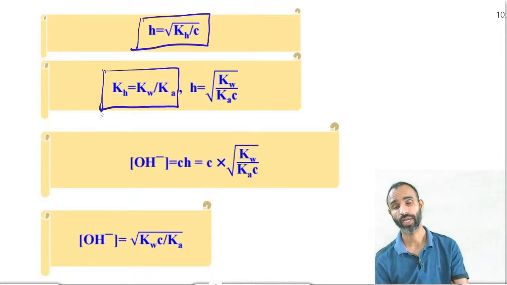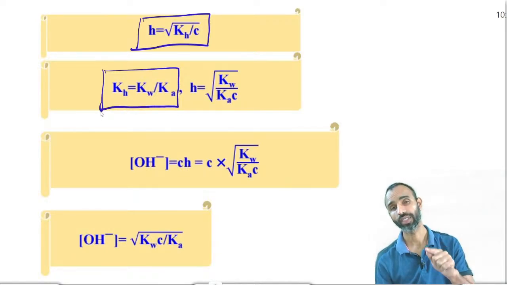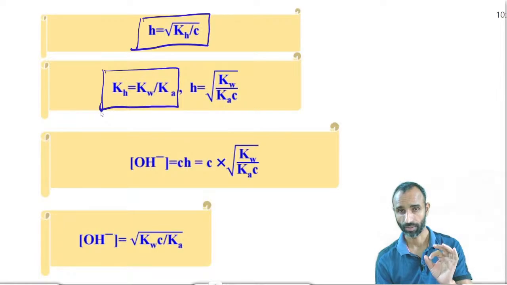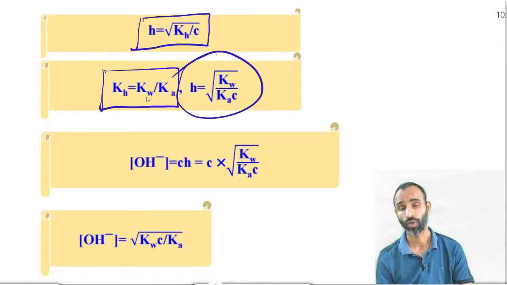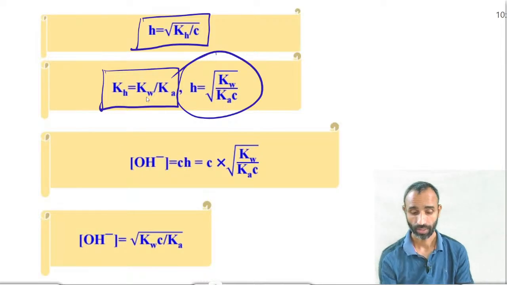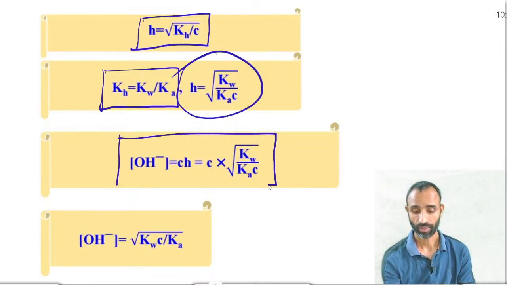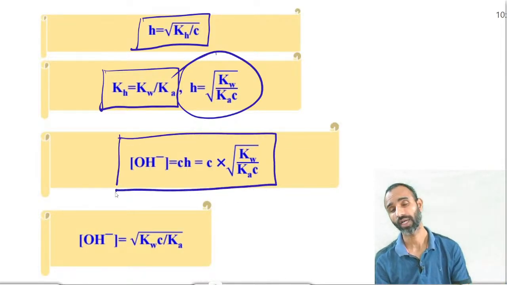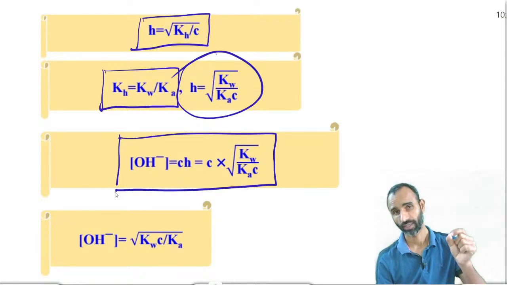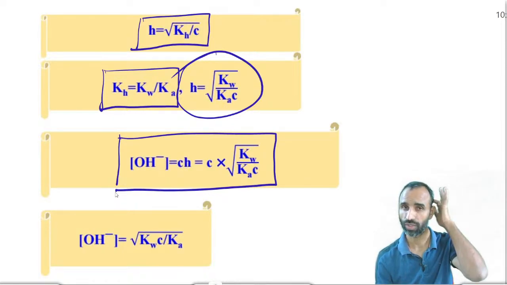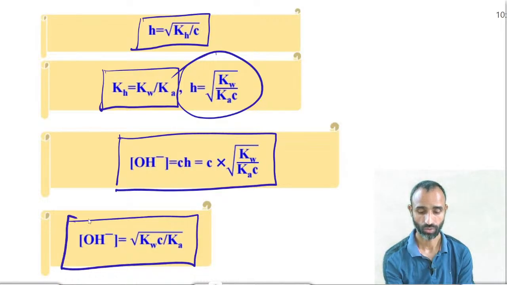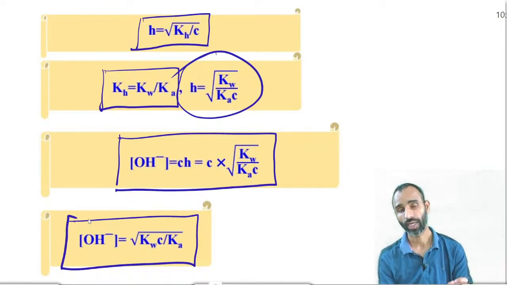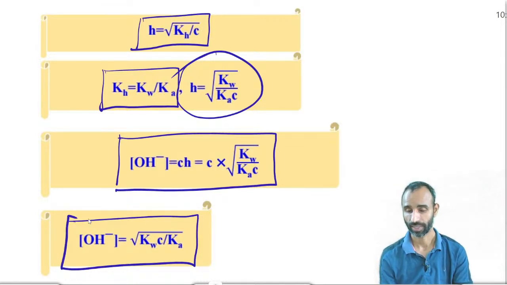Instead of Kw upon Kb, now it is Kw upon Ka. So h is square root of Kw upon Ka into C. Now in the other case it was H+ ion equal to Ch. Here it is OH- ion equal to Ch. So OH- ion concentration is equal to square root of Kw into C upon Ka.